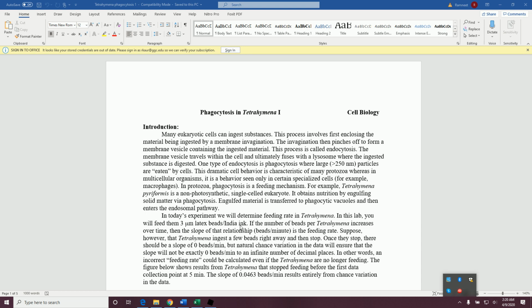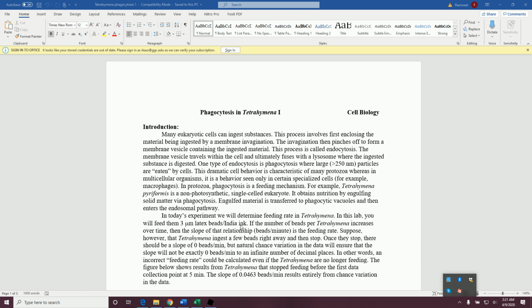We usually use India ink because it goes inside the Tetrahymena cell, which is a single-celled organism, and it labels all the food vacuoles inside this organism. So the more phagocytosis, or the more this organism is feeding, the more vacuoles you see inside.